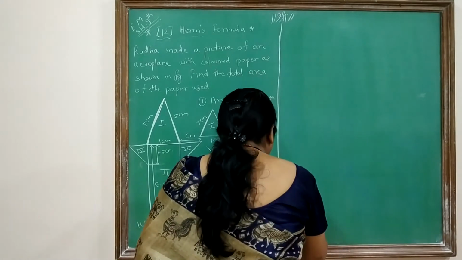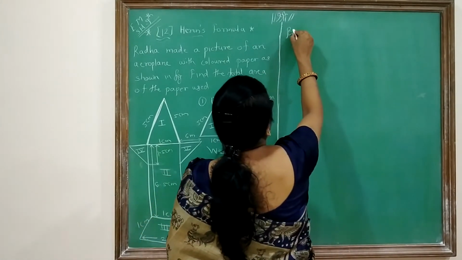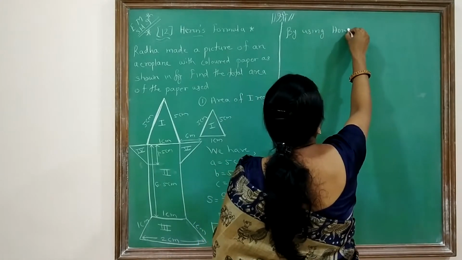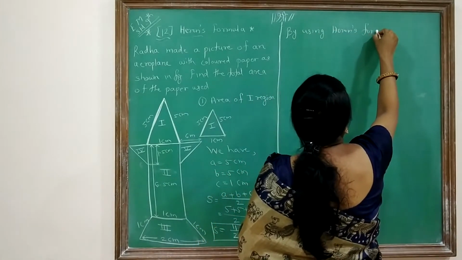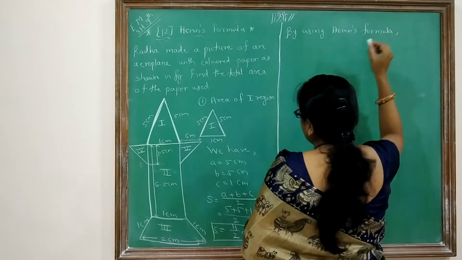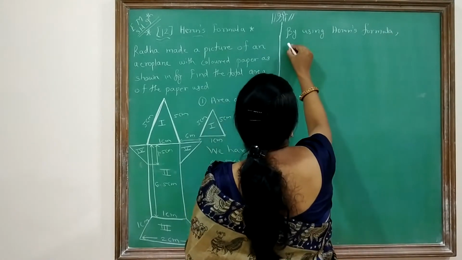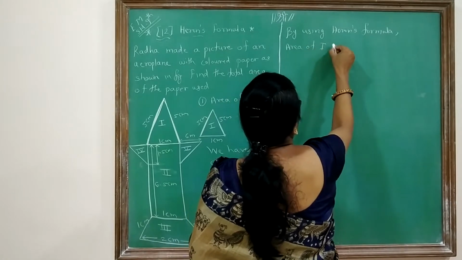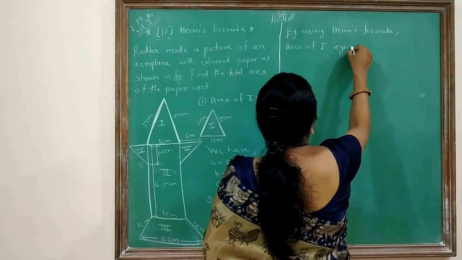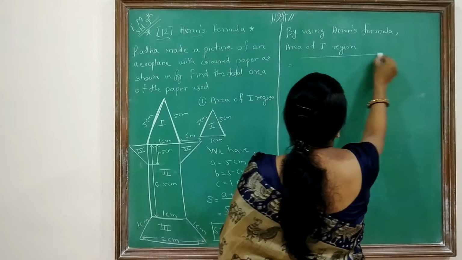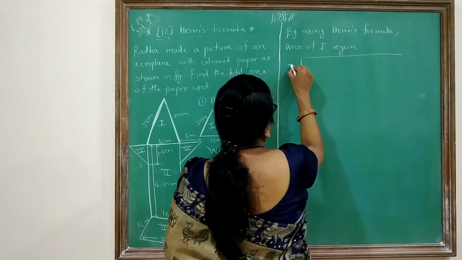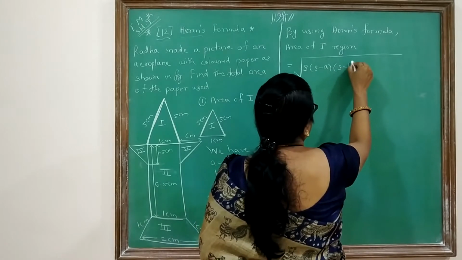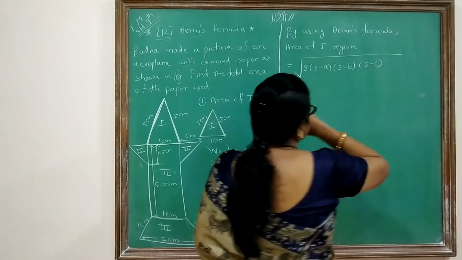Then the next step is, by using Heron's formula, area of first region equal to under root of s into (s minus a) into (s minus b) into (s minus c).